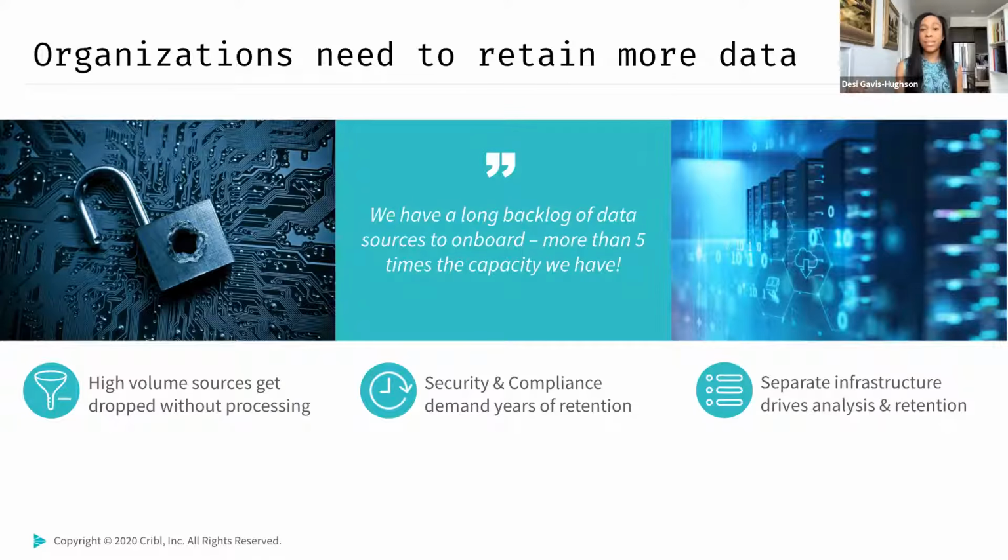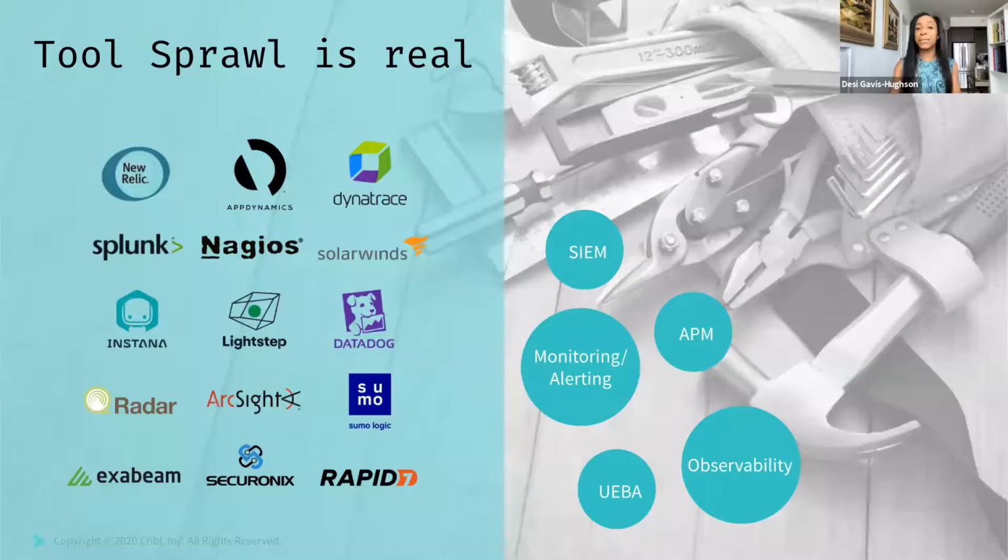And you may even need to revisit that data later, especially if you're investigating a security breach or trying to understand long-term trends in your IT environment. For some use cases, they may need to keep data on hand for years, and that data needs to be ready for analysis that entire time. Lastly, systems are optimized to handle data analysis and retention separately. So what that means is you often end up using many different tools to retain and analyze all of your machine data.